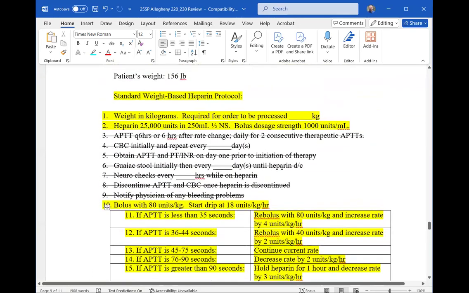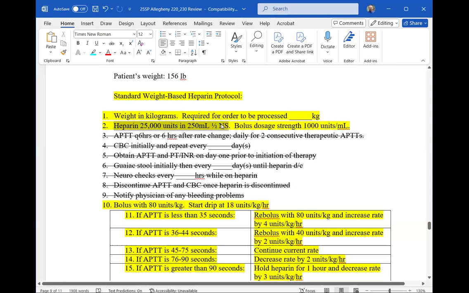So getting back to the protocol, it's going to tell you the patient's weight. So you do need to know the patient's weight, and you need to know how to convert pounds to kilograms. Step 1, you need to be able to convert the patient's weight from pounds to kilograms. You already know how to do that. Step 2, at least for the standard weight-based heparin protocol, your availables are fairly consistent.